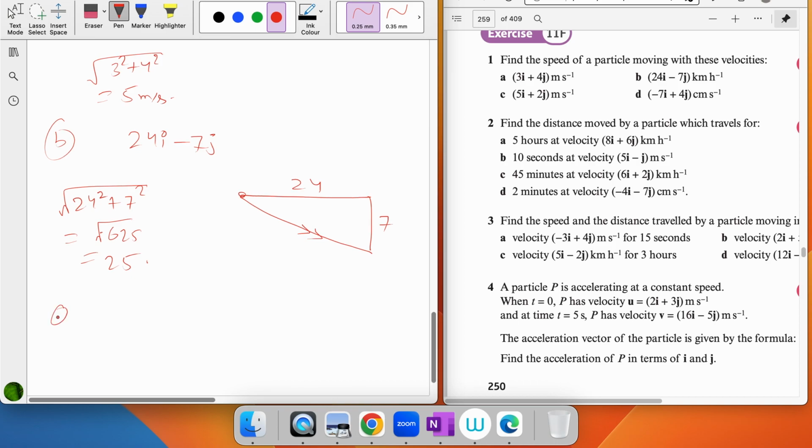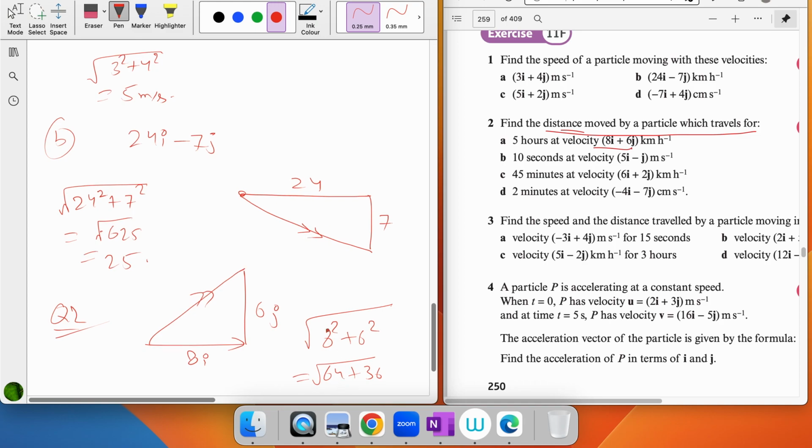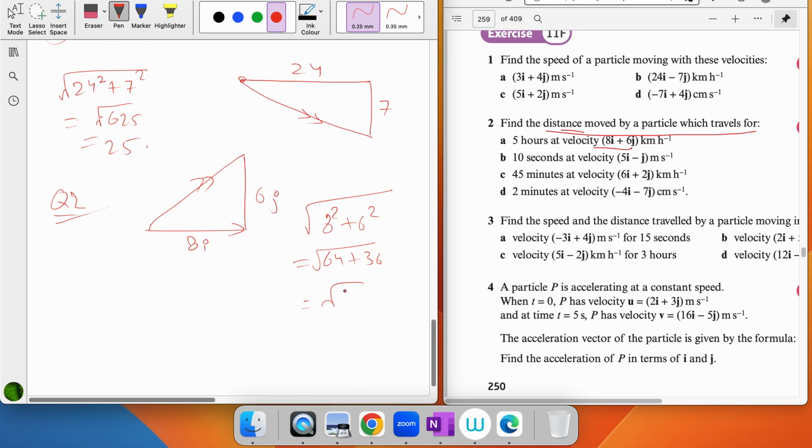Question number 2 says, find the distance moved by the particle which travels for 5 hours at a velocity of 8i plus 6j. Now we know 8i is this and 6j is this. So applying Pythagoras theorem, the square root of 8 squared plus 6 squared, 64 plus 36, we get square root of 100, that is 10.